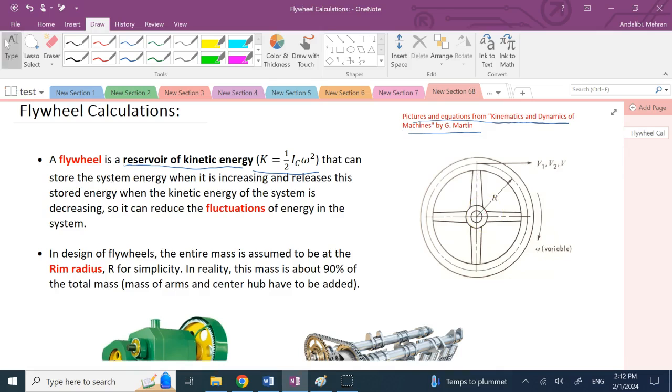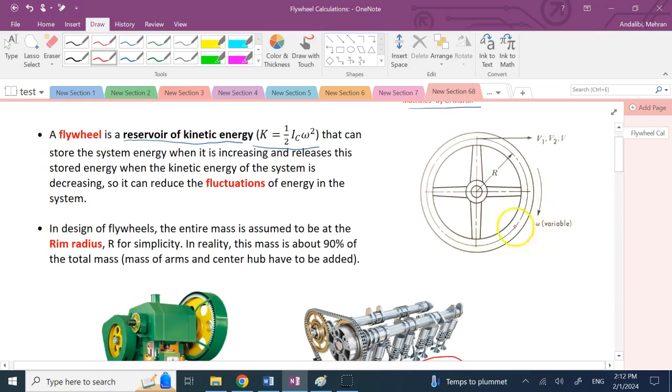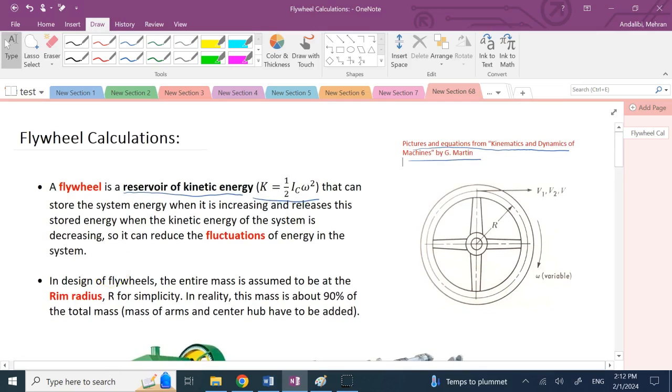So let's talk about how we pick an appropriate flywheel for the system. Here, for simplicity of calculation, we assume that all of the mass of the flywheel is around a radius of r. So all the mass is right here.